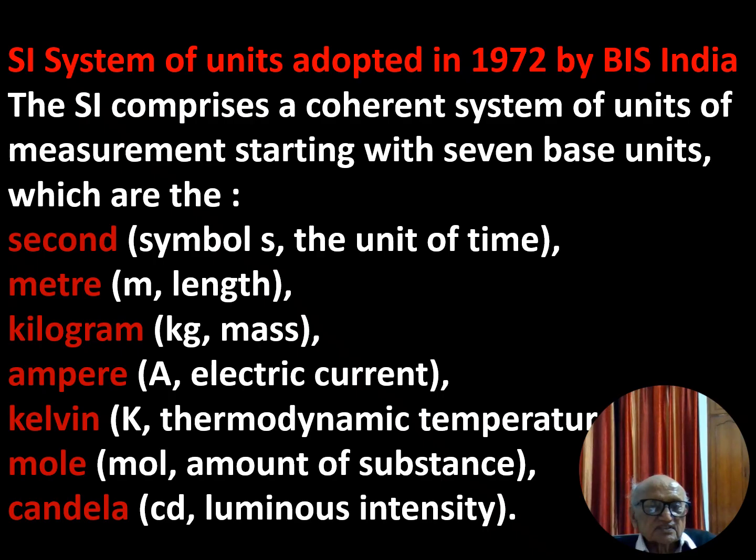The SI comprises a coherent system of units of measurement starting with 7 base units, which are second, meter, kilogram, ampere, Kelvin, not degree centigrade or Celsius. Kelvin is the unit of temperature. Mole, that means amount of substance, and candela, used for luminous intensity.